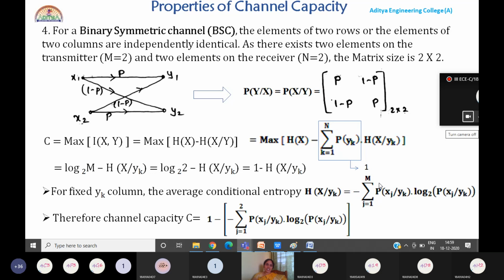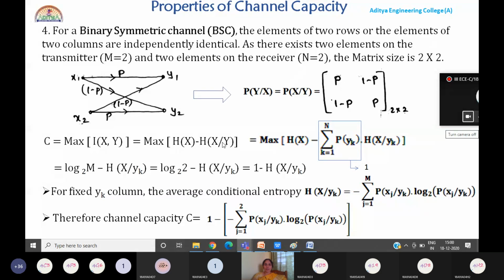So in the channel capacity expression, the channel capacity is 1 minus of minus summation j = 1 to m. The value of m is 2 here, because there are 2 elements on the transmitter and 2 elements on the receiver. So minus summation j = 1 to 2 of P(xj/yk) into log P(xj/yk) base 2.